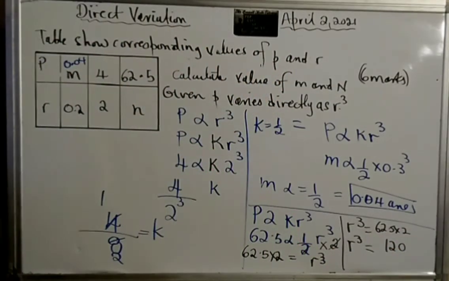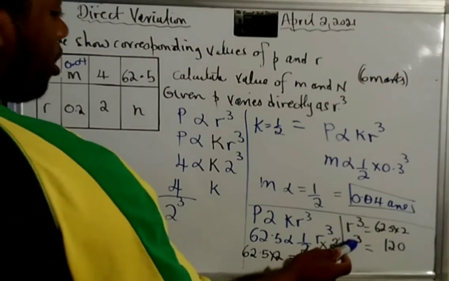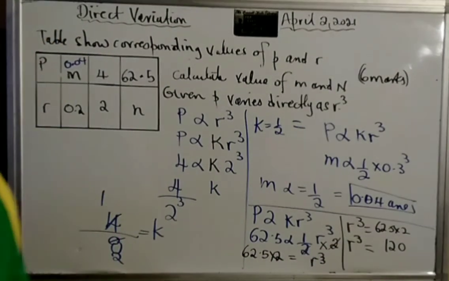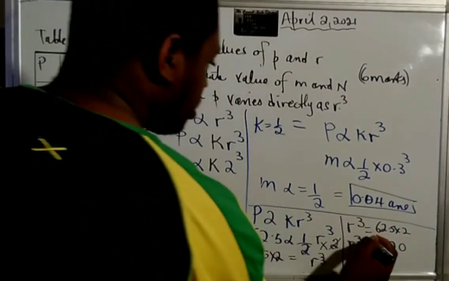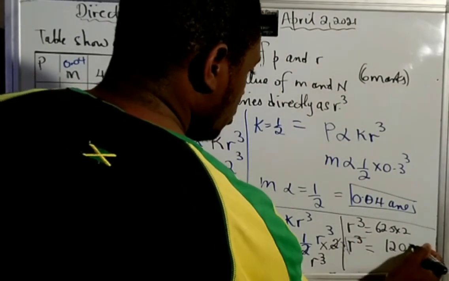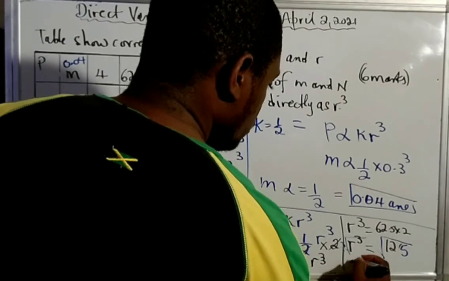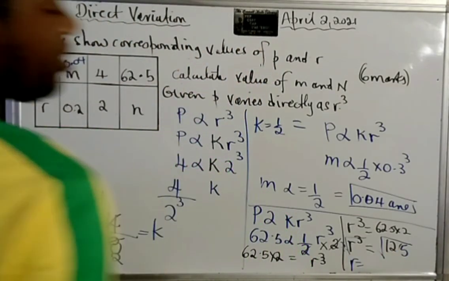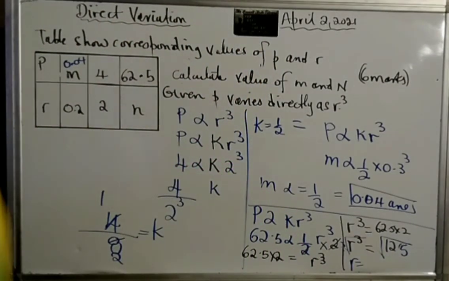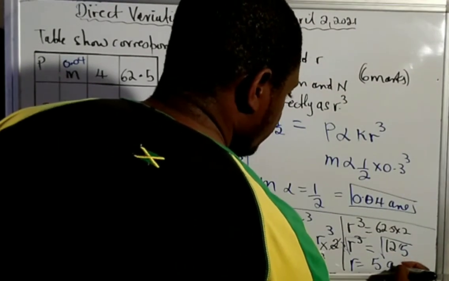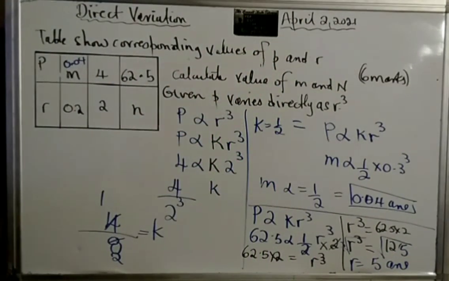Now we can solve for R. The opposite of cube is the cube root, so we find the cube root of 125. What number do you multiply by itself three times to give you 125? The answer is 5.